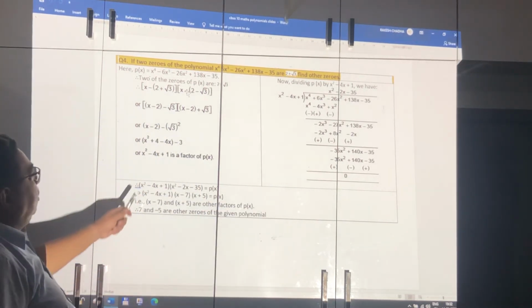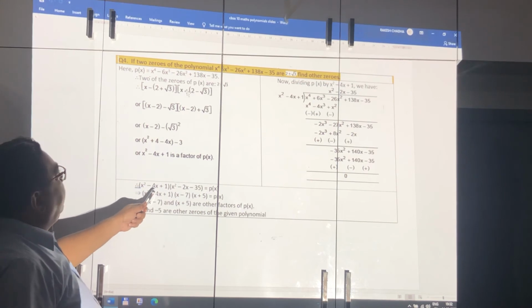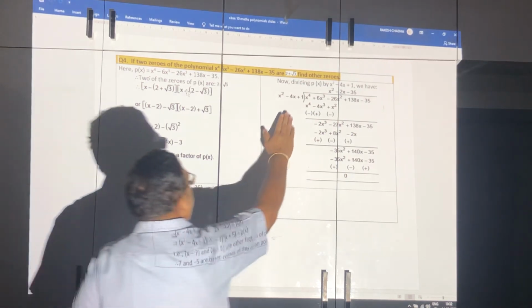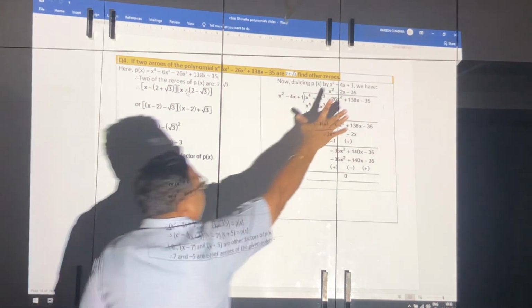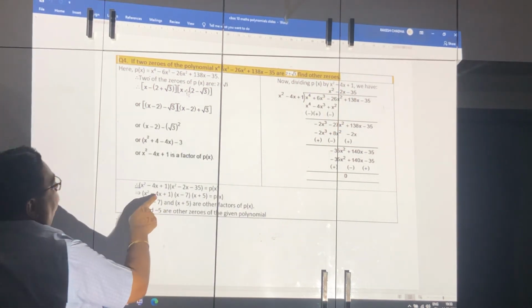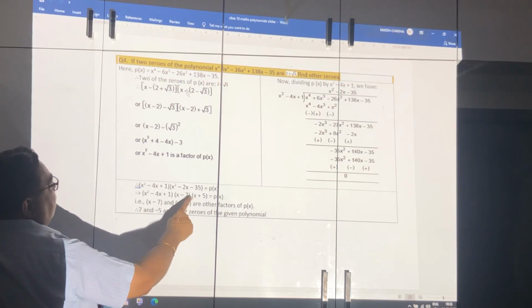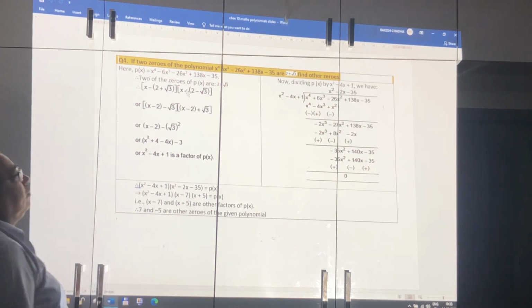Okay, so I will get x square minus 4x plus 1, this number multiplied by this number is supposed to be the equation. And then when I factorize this, friends, I will get the other roots. See? If x minus 7 is equal to 0, 7. X plus 5 is equal to 0, minus 5.